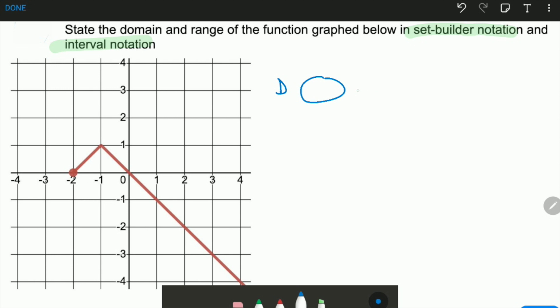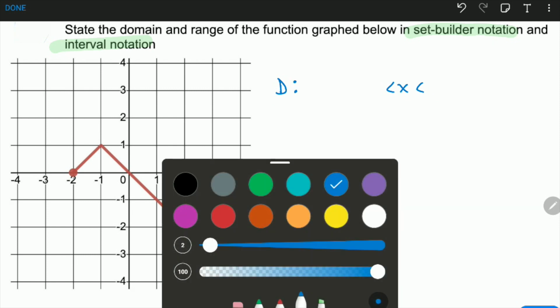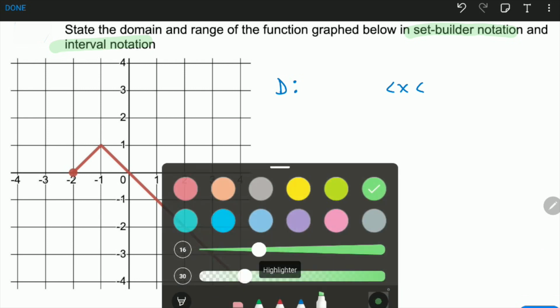Then I'm going to have the same sort of stencil. We'll have a number less than x less than a number. I'm going to use that to kind of get started here. For domain, I'm going to do the same thing as I did before.